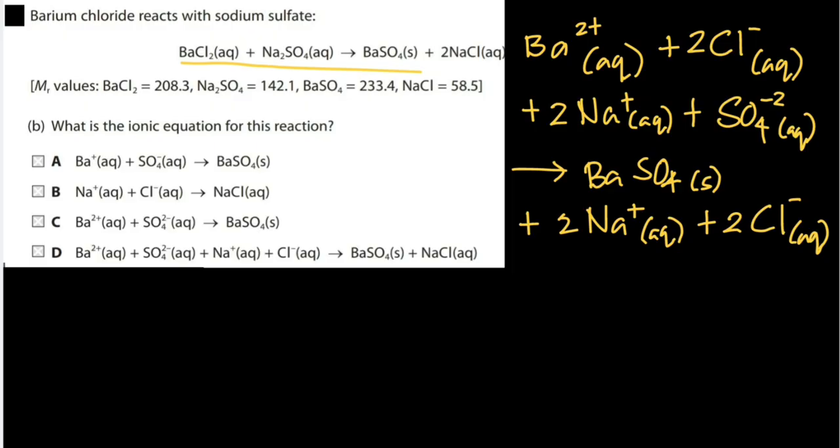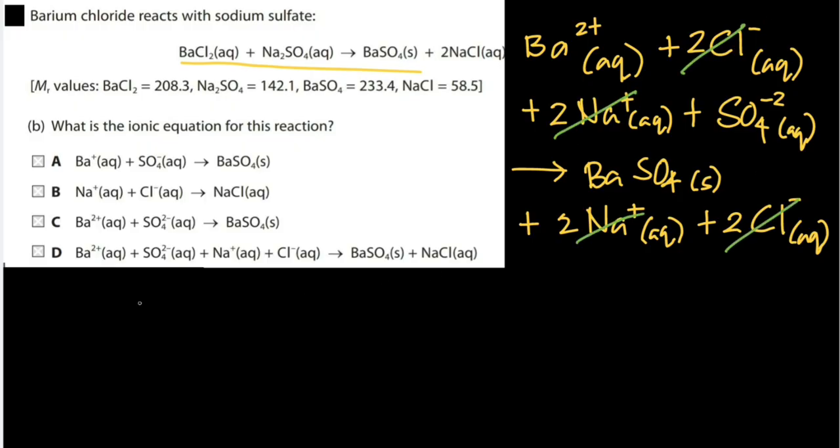Now we just identify the spectator ions, and they are the sodium ion and the chloride ions, as they appear on both sides unchanged. So we cancel them out.